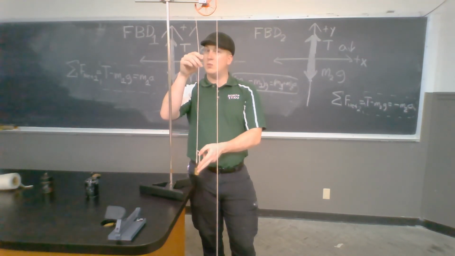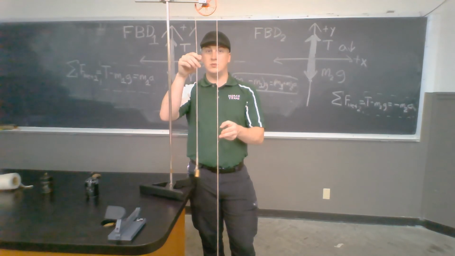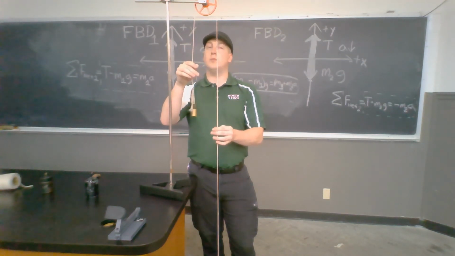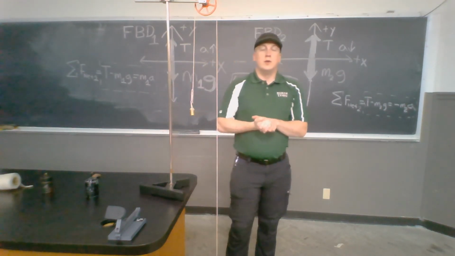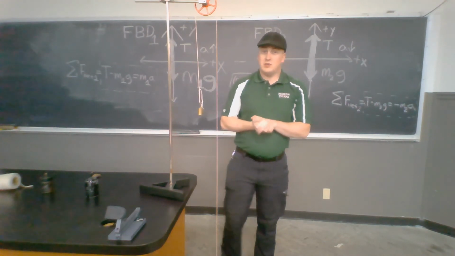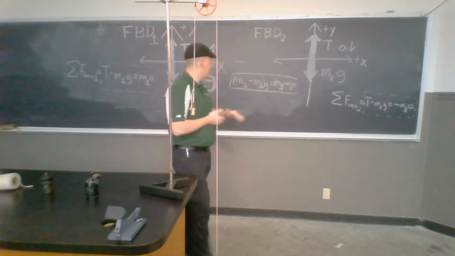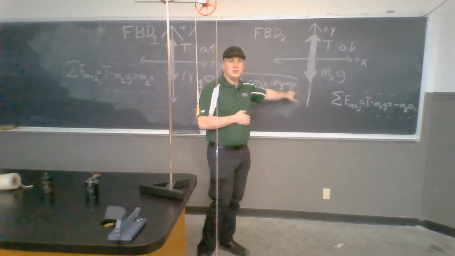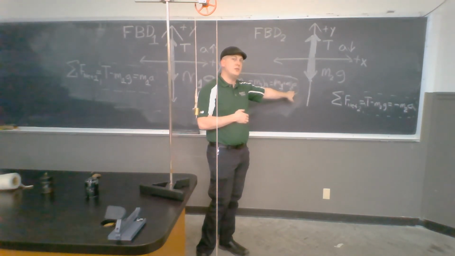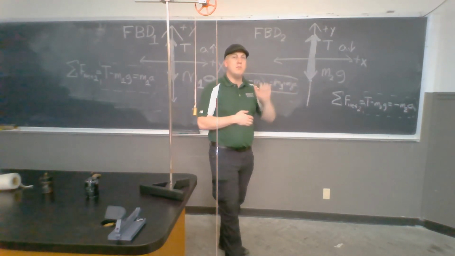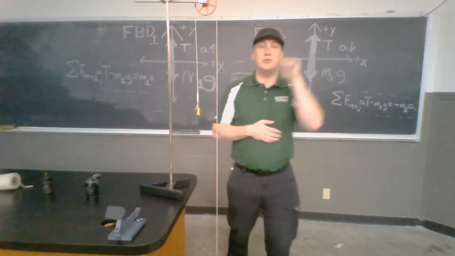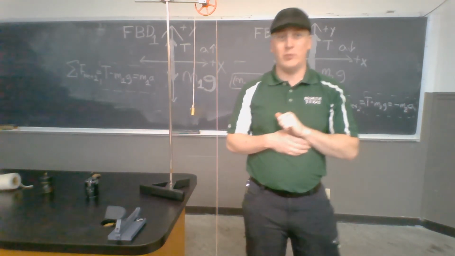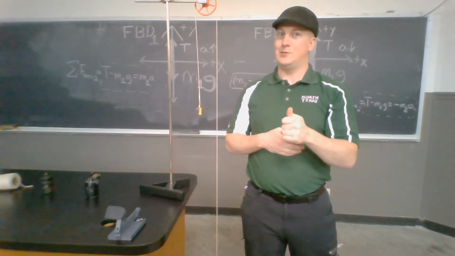So this will be our M1. This will be our M2. Yep, still moved upwards. If you also notice, when we did these calculations, the value of the acceleration I found was a positive number. That meant that the direction we chose for the acceleration was correct.